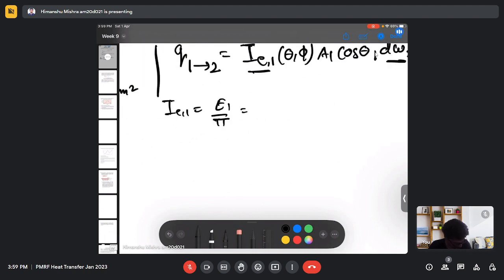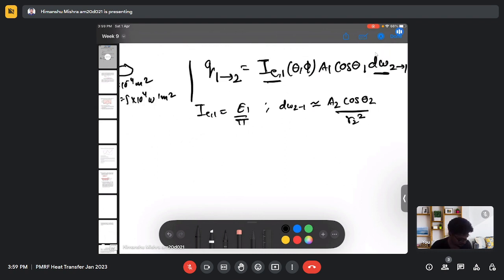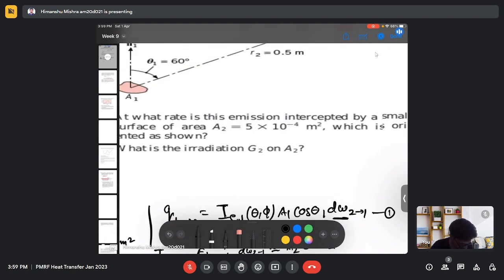To calculate the solid angle, you can just approximate this as A2, so this is my solid angle here.